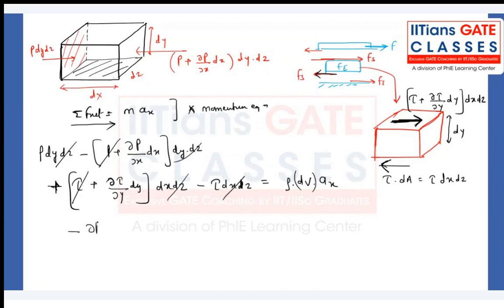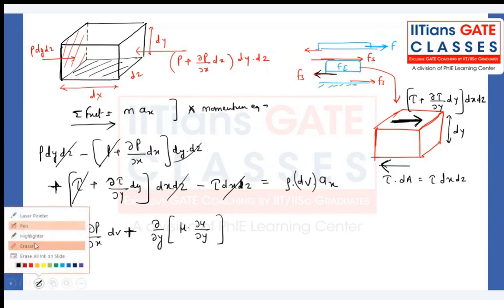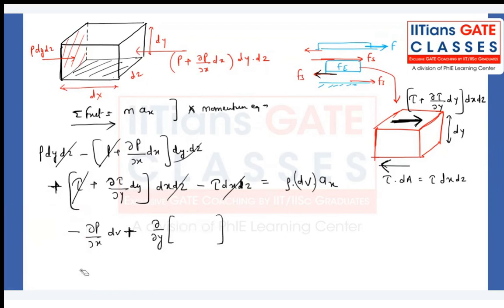Minus dou p by dou x into dV, plus dou tau by dou y into dV, that is equal to rho into dV into ax. dV will cancel out.